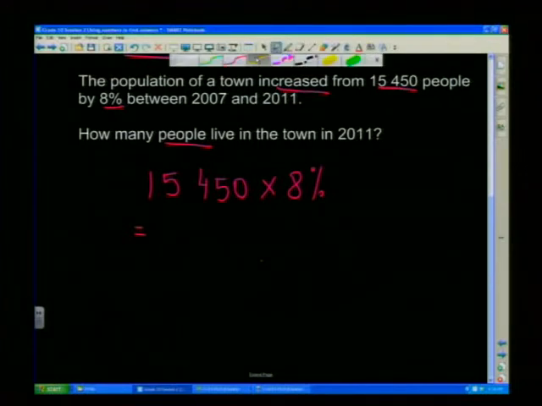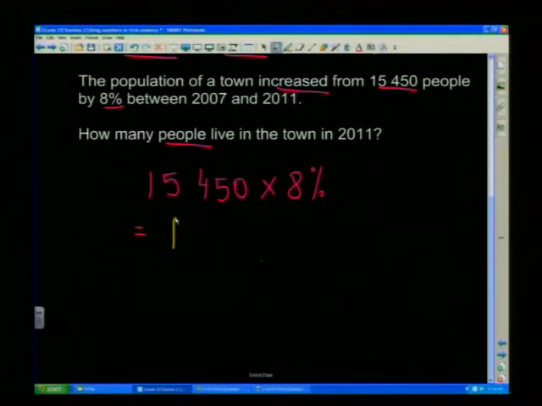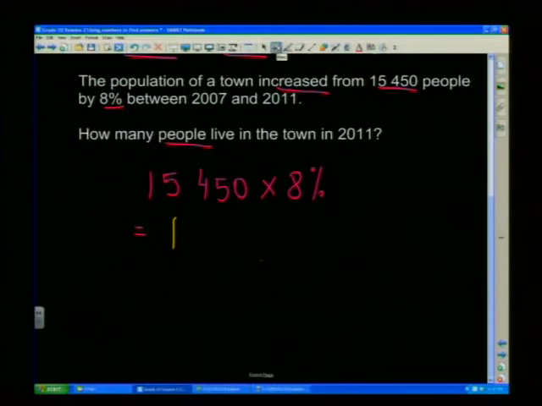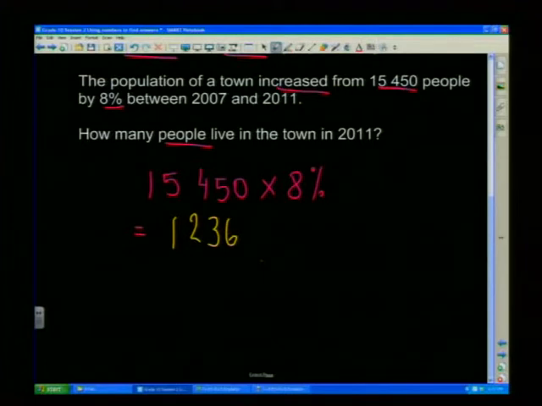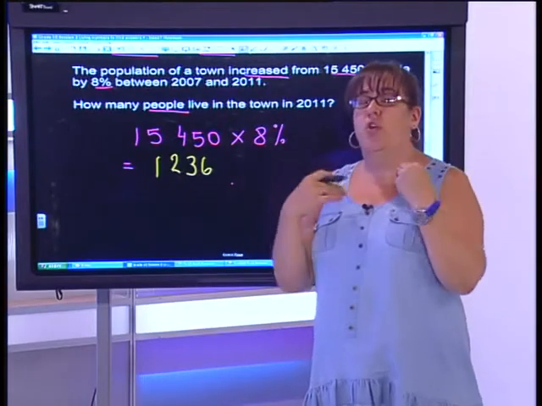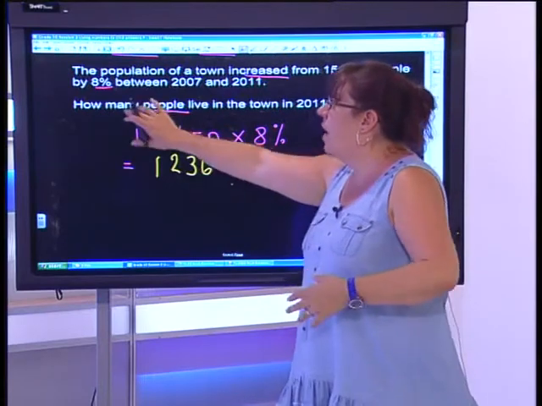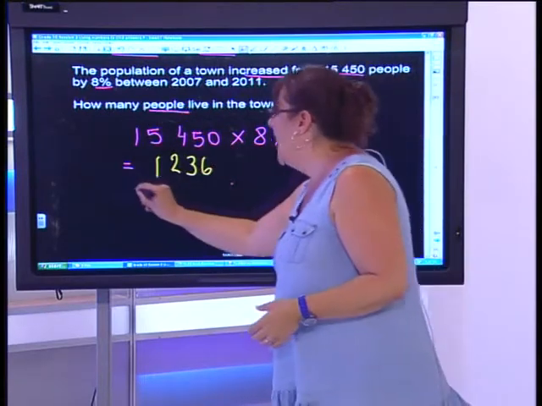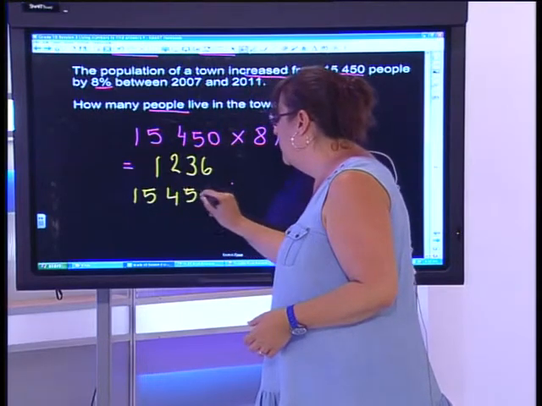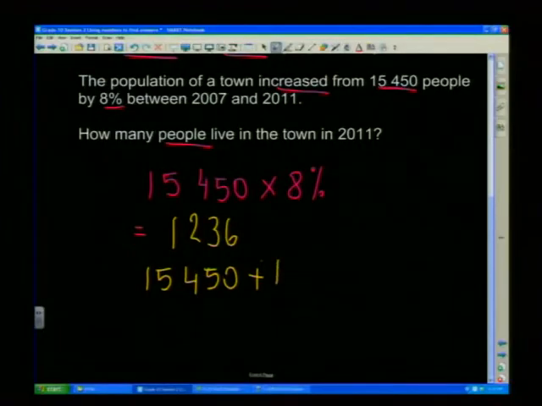So let's write that answer in: 1,236. So that is the amount that is being increased. Now I want to know how many people live in the town. I need to take my 15,450, which was my original, plus my increased amount of 1,236.